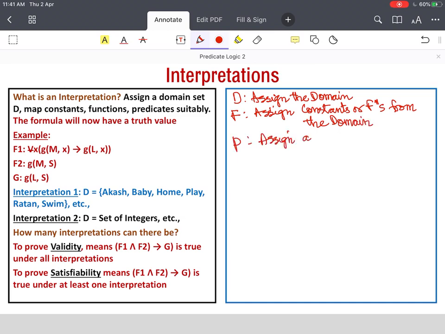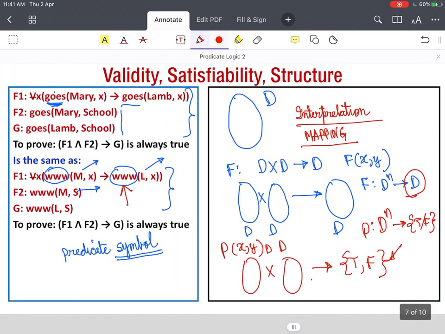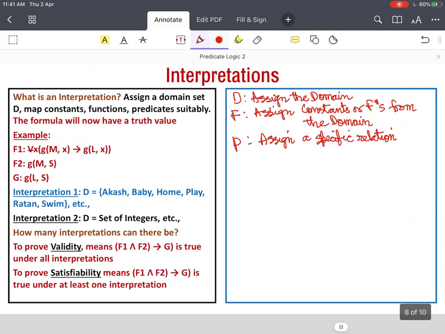For every predicate, assign a specific relation from the domain, as we had seen here. This is actually a relation.